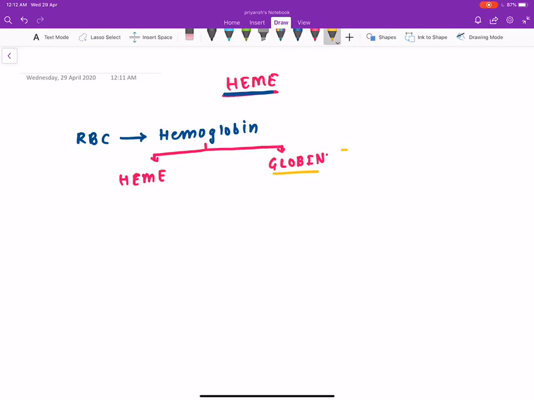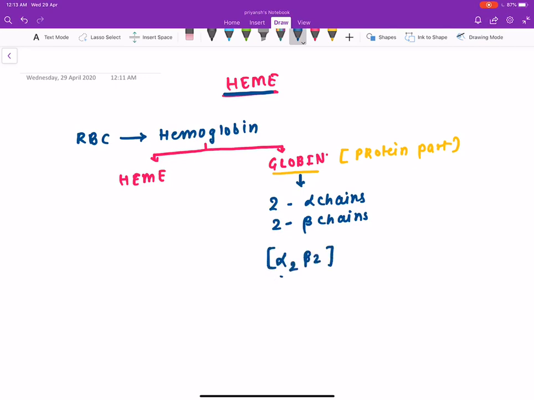Globin is basically the protein part. We have two alpha chains as well as two beta chains. As a protein of hemoglobin, we have two alpha chains and two beta chains, so it is written as alpha 2 beta 2.